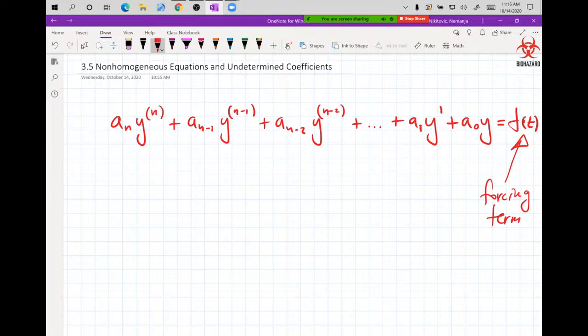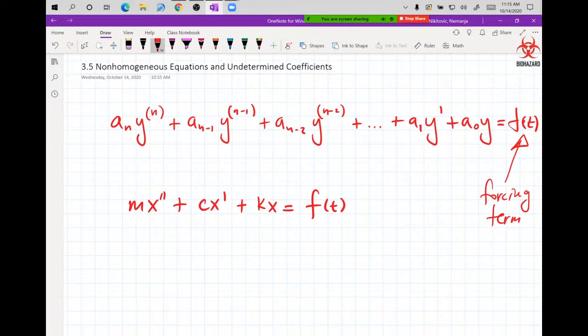Now, for our purposes, most of our problems were second order differential equations. How about we just use the mechanical one? Why not? m x double prime plus c x prime plus k x equals, and now we're going to have f of t.